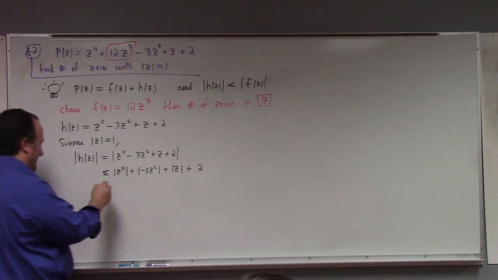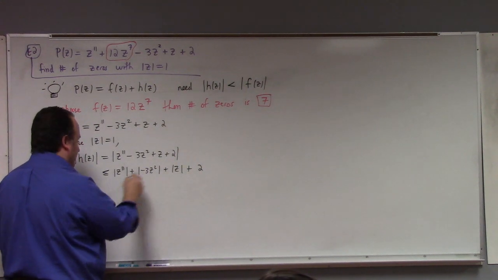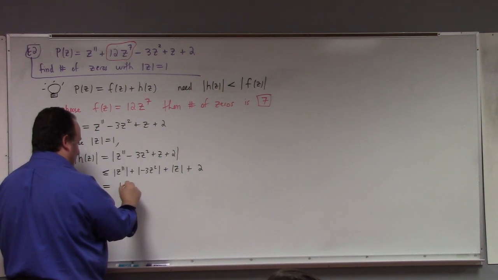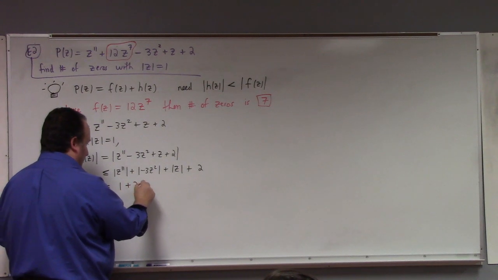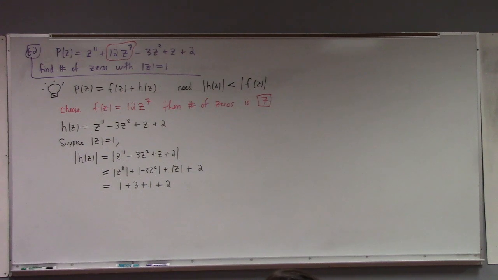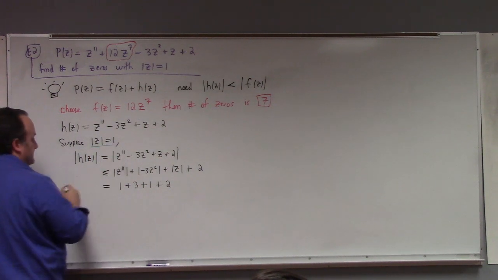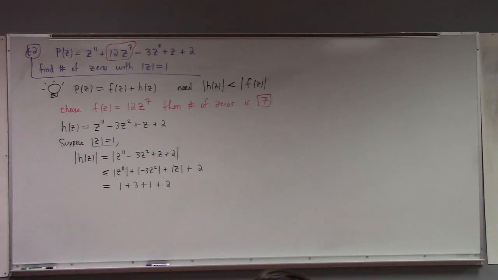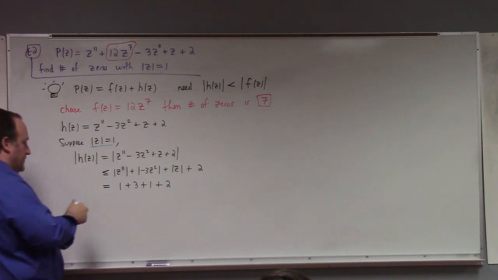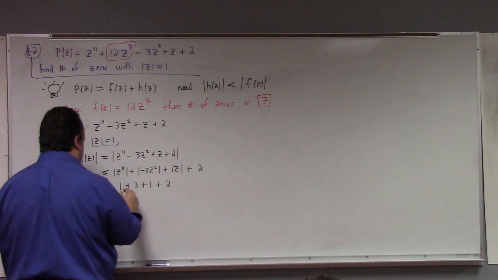So this is straight up equal to 1 plus 3 plus 1 plus 2, right? Because if we have the modulus of z equals 1, then these literally simplify to that, yeah? So 4, 5, 7, right?